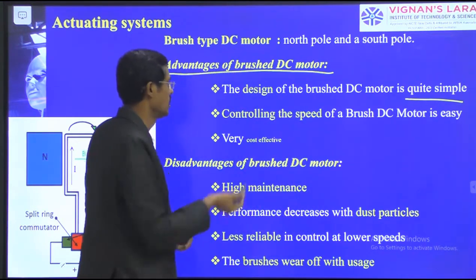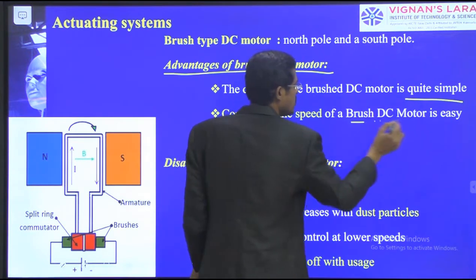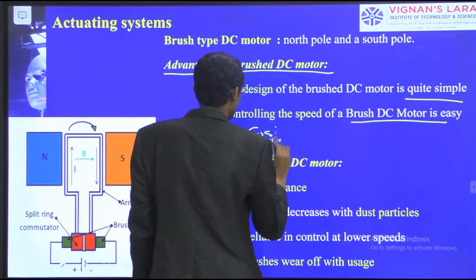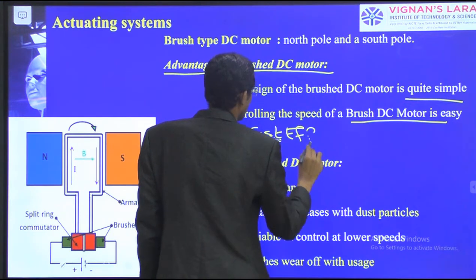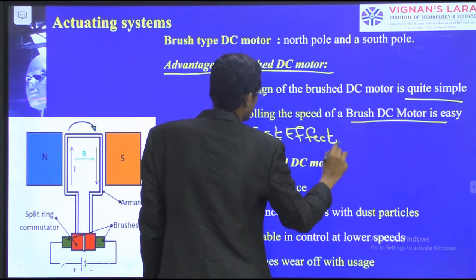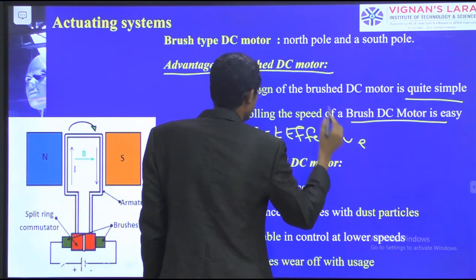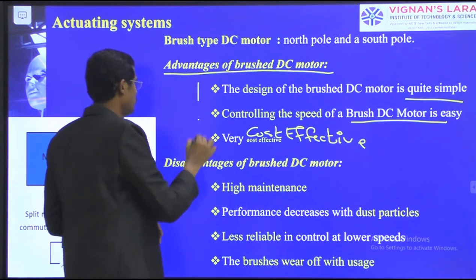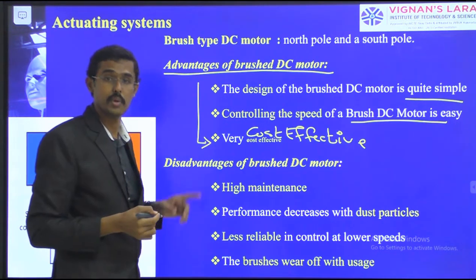Very simple construction. Controlling the speed of a brushed DC motor is easy, and very cost effective. These are the various advantages of the brushed DC motor.